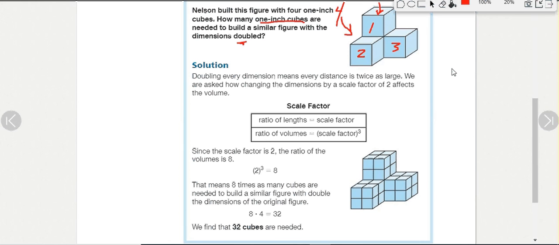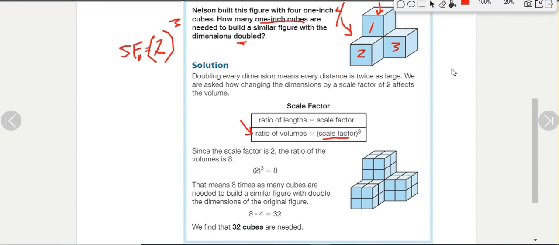What's the scale factor in one dimension? Always identify that first. Scale factor is double, 2. What would be the scale factor for area? 4. Now what's the ratio of volumes? We're going to take this cubed. The scale factor for volume is 8.